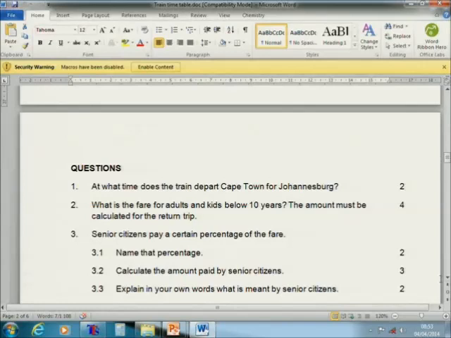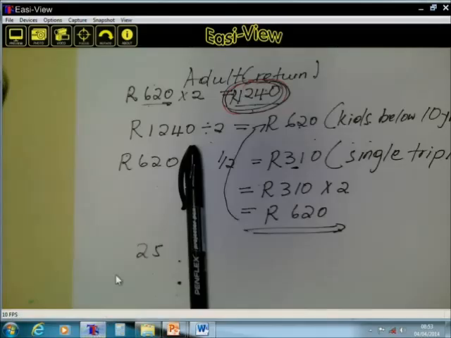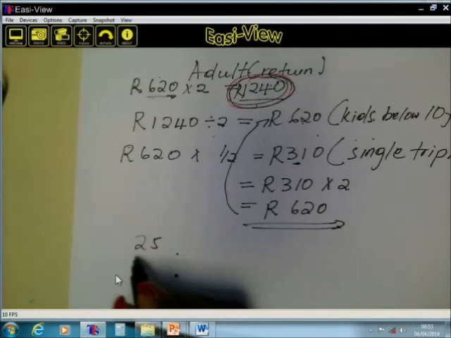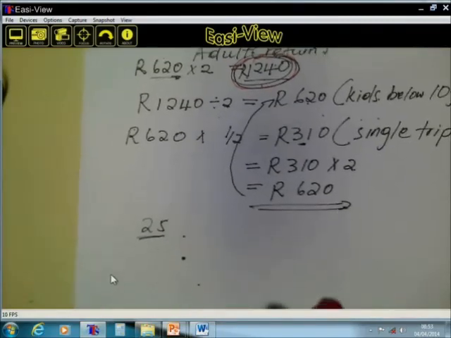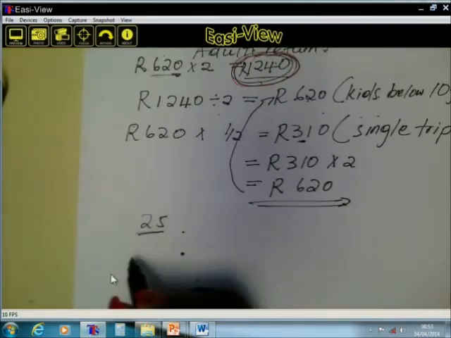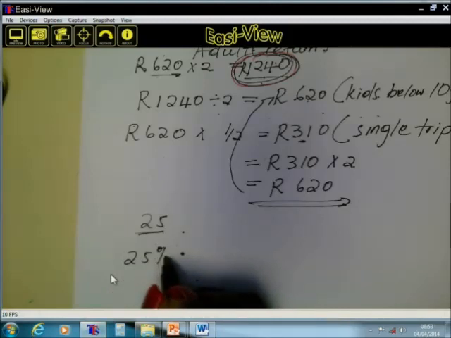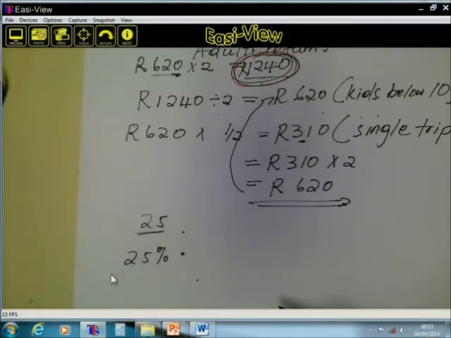Remember, it was said that they paid 25% of the adult fare. Let's do that calculation first. Then we'll go to break after this calculation. It's 25%, even if it said approximately. I said when we talk about approximation, we talk about estimation.